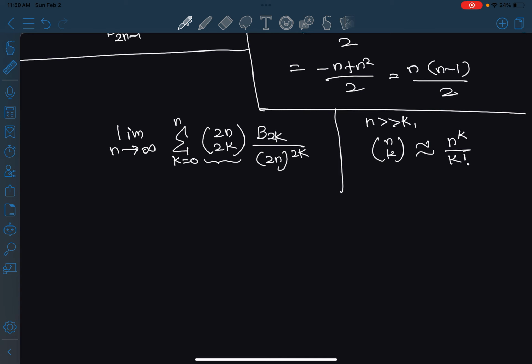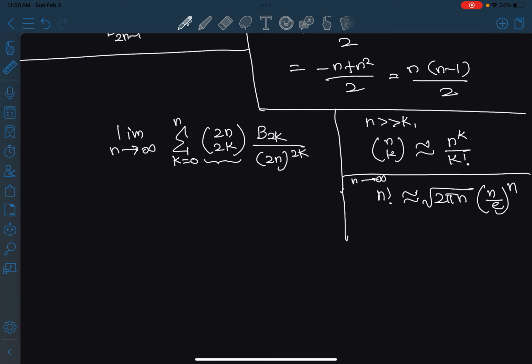And if n is almost infinity, this becomes an equality. To prove this you can use Stirling's formula, which approximates n factorial: n factorial is approximately square root of 2 pi n times n by e to the power n. For this, n should be really big, and if n is almost infinity, this becomes equality.